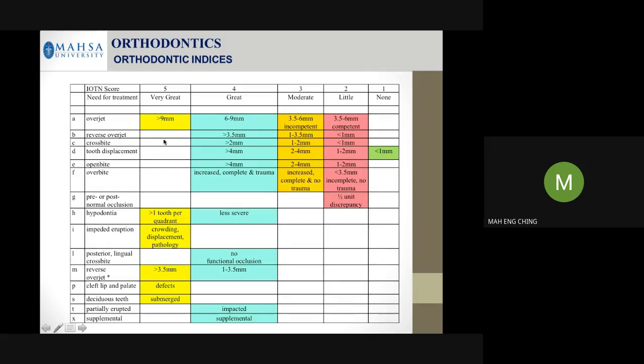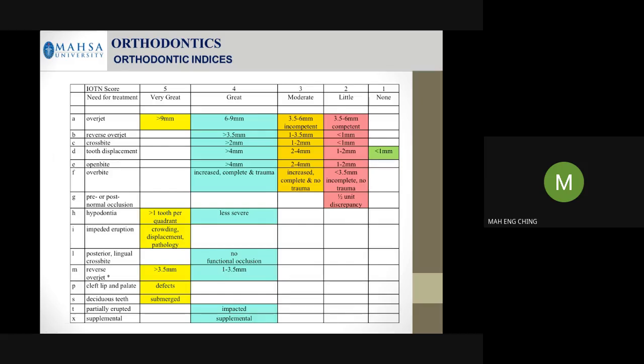Okay, so this reverse overjet, I just want you to pay attention. This B and M are similar. Both are reverse overjet, but one is a problem with speaking and mastication or chewing, the other one without any problem with speaking and chewing.